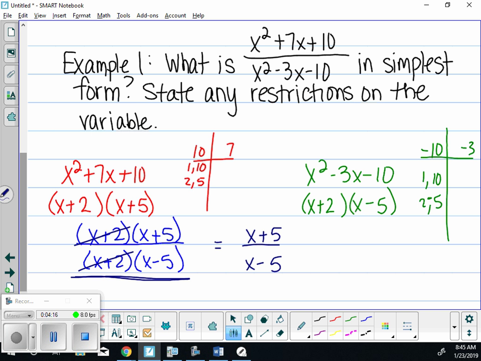What number could we put right here to make this part 0? Negative 2, the opposite of this number. And what number would we put here to make this 0? 5. So our restrictions are x cannot equal negative 2 and x cannot equal positive 5. So even though we canceled out the x plus 2's, we still include that in our restriction.